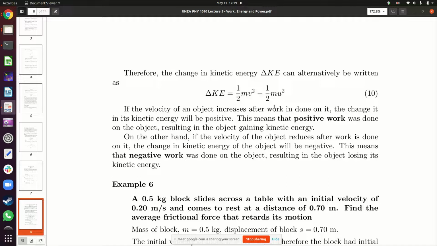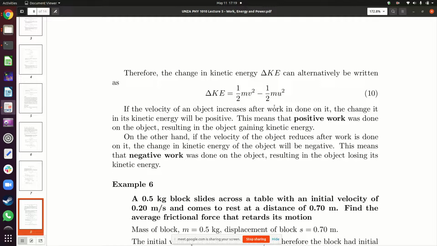If the object continues to move at constant velocity without any change, then there is no change in kinetic energy. And if the final velocity is less than the initial velocity, as can happen when an object is slowing down, then the change in kinetic energy will be negative.